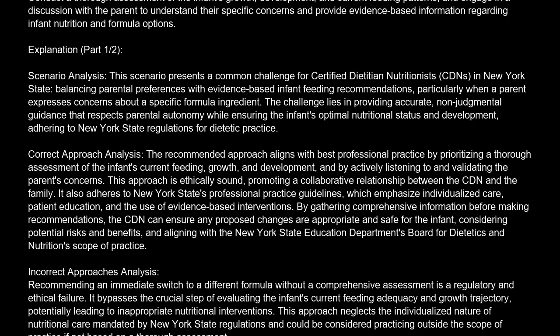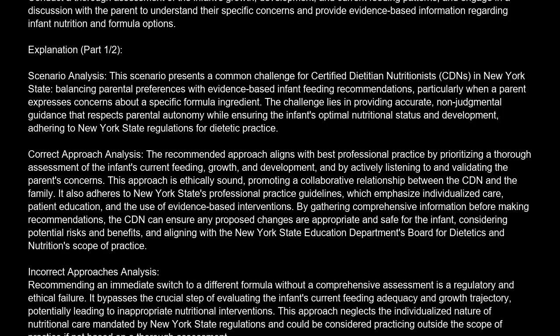It also adheres to New York State's professional practice guidelines, which emphasize individualized care, patient education, and the use of evidence-based interventions. By gathering comprehensive information before making recommendations, the CDN can ensure any proposed changes are appropriate and safe for the infant, considering potential risks and benefits, and aligning with the New York State Education Department's Board for Dietetics and Nutrition's scope of practice.